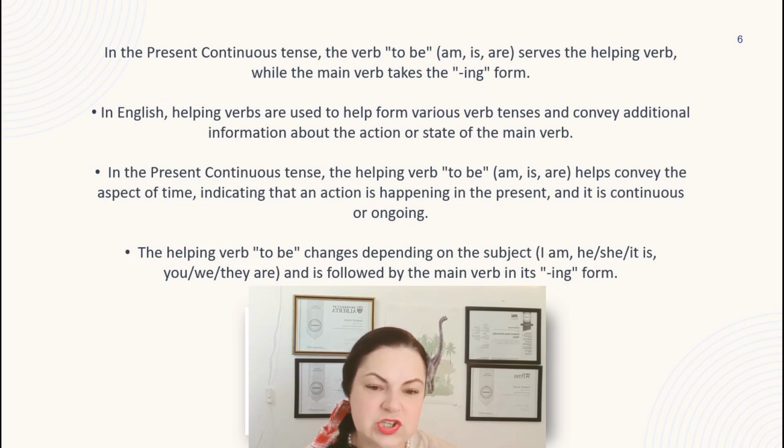In English, helping verbs are used to help form various verb tenses and convey additional information about the action or state of the main verb.